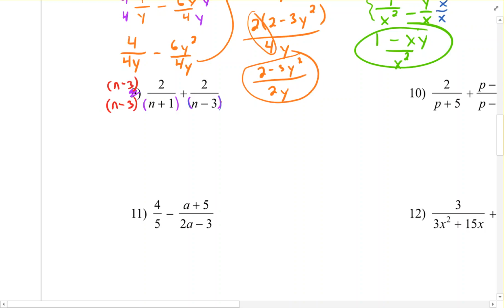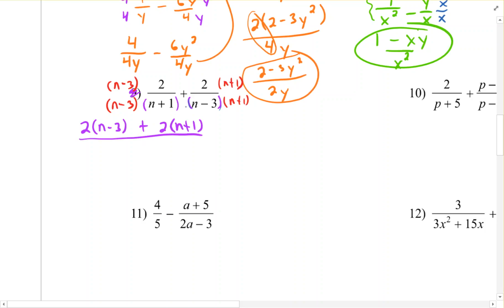And then the right side, I'm going to multiply by n plus 1 and the top by n plus 1. If I rewrite all this, what I'm left with is 2 times n minus 3 plus 2 times n plus 1.